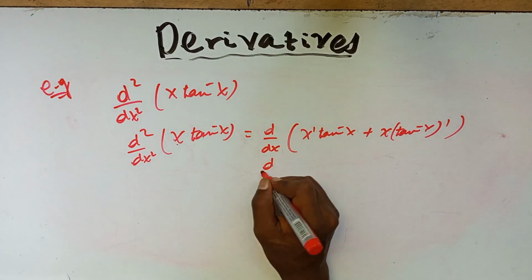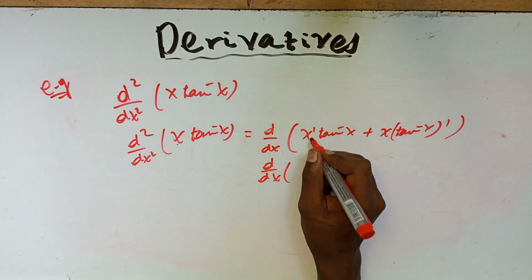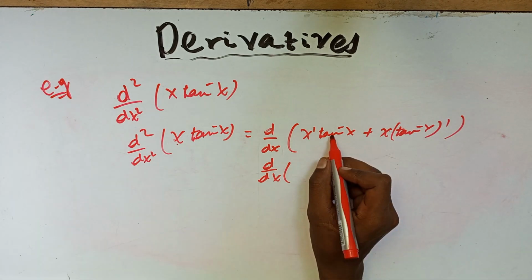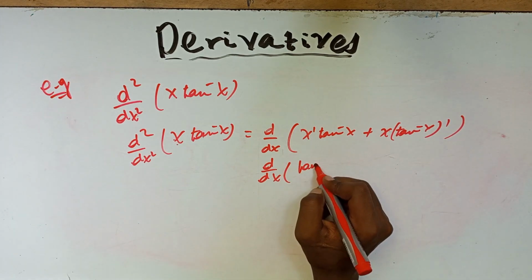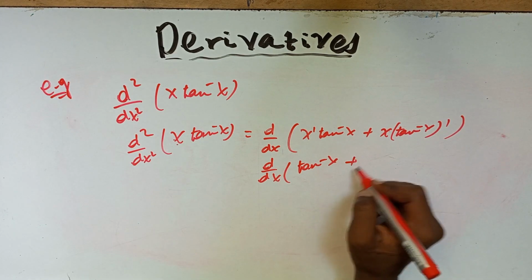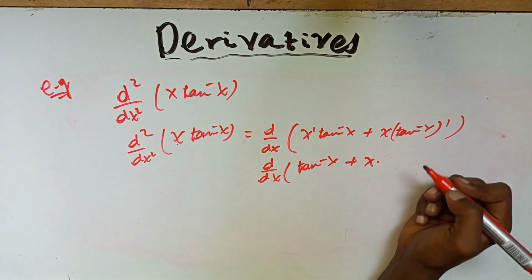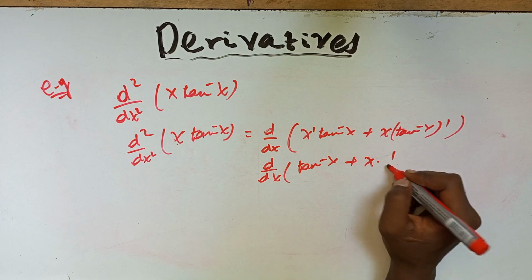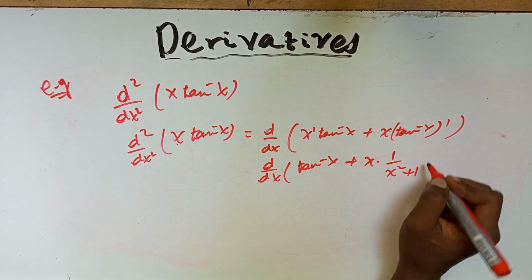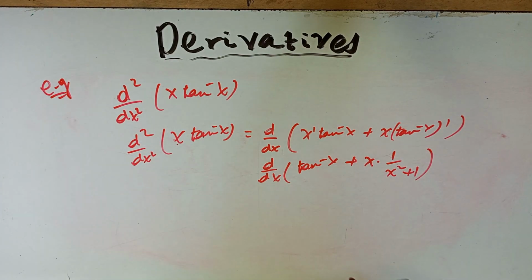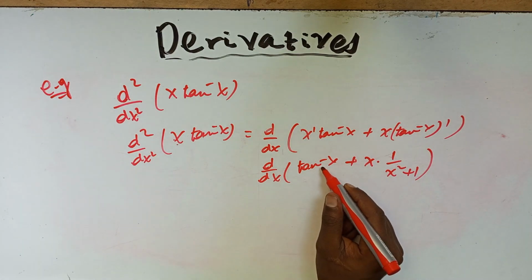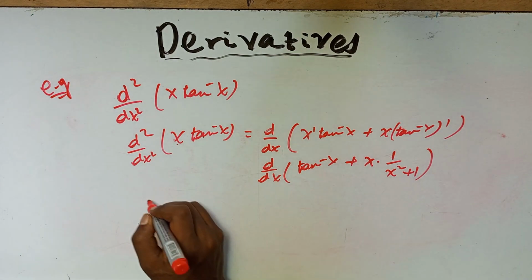The derivative of x is 1, times tan inverse of x, plus x times the derivative of tan inverse of x, which is 1 over x square plus 1.